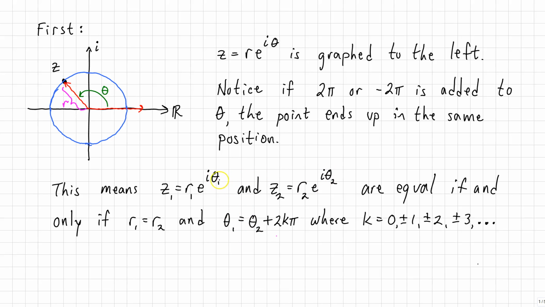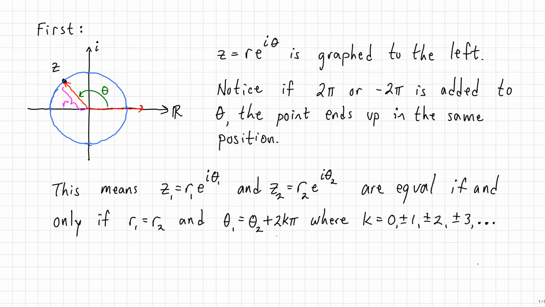The way I have it written is, if the argument of the first one is equal to the argument of the second one plus 2k pi, where k is any integer, then you have two equivalent complex numbers, although numerically they might look different because the theta value could look different. But if that theta has the same exact terminal side as the other complex number's theta and their moduli are equal, then you have two equivalent complex numbers.